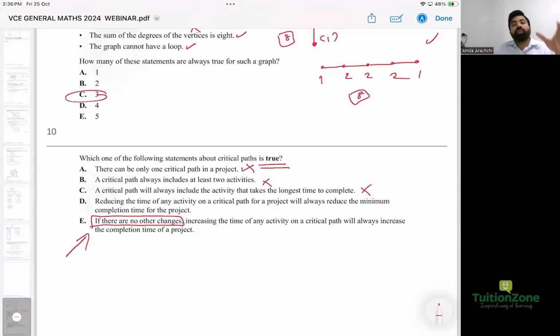And as EST changes, there's definitely an increase in the completion time. So increasing will increase. So be careful in the questions. If you increase one activity time on the critical path, it increases the total time. But by decreasing one of them, it doesn't always decrease the minimum completion time.